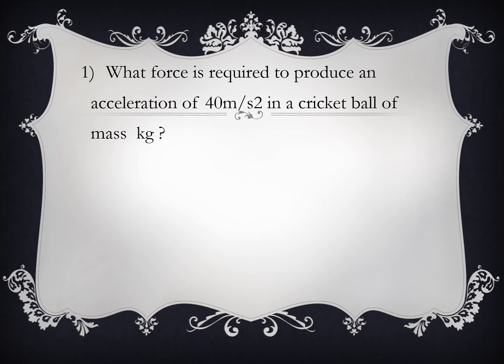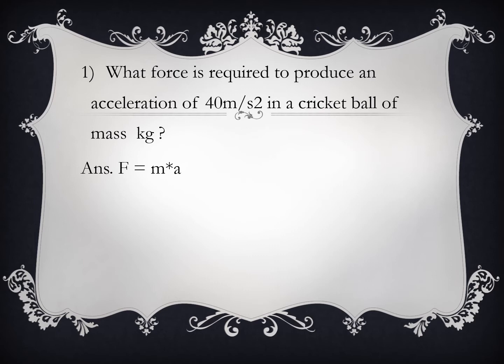The acceleration a is 40 meter per second square and mass m is 0.5 kg. Now, according to Newton's second law of motion, F equals m into a, where F is force, m is mass and a is the acceleration.